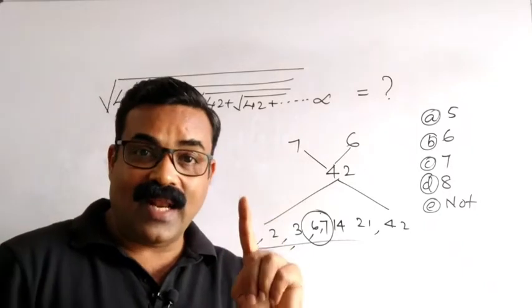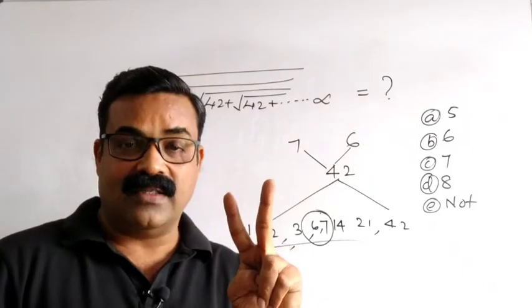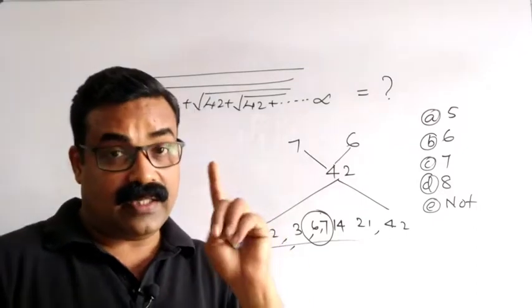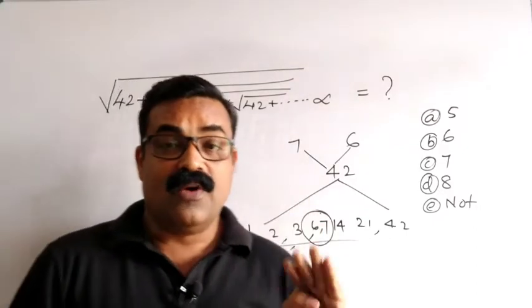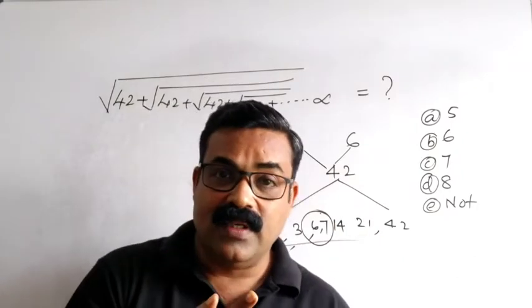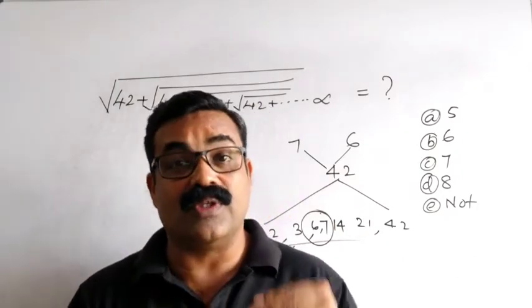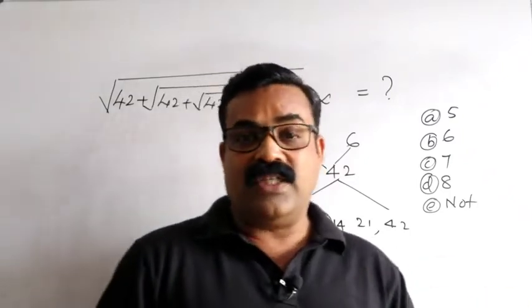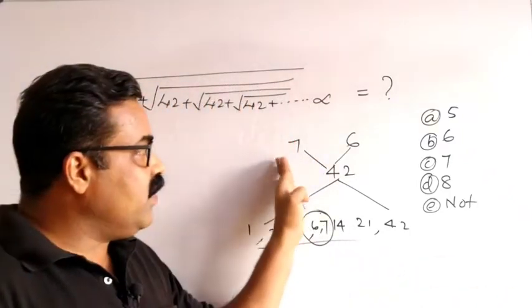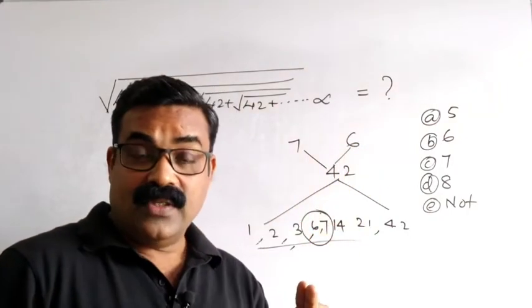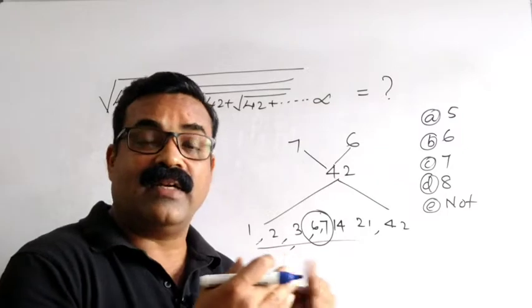So you have to select two factors whose difference will be equal to 1. Understand the concept very clearly. Why am I explaining it this way? If you understand the concept, then it becomes easy to solve this type of question in the next exam.